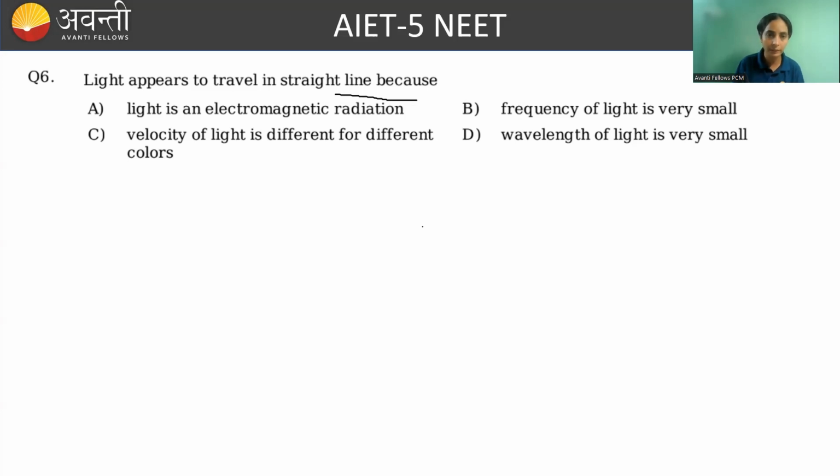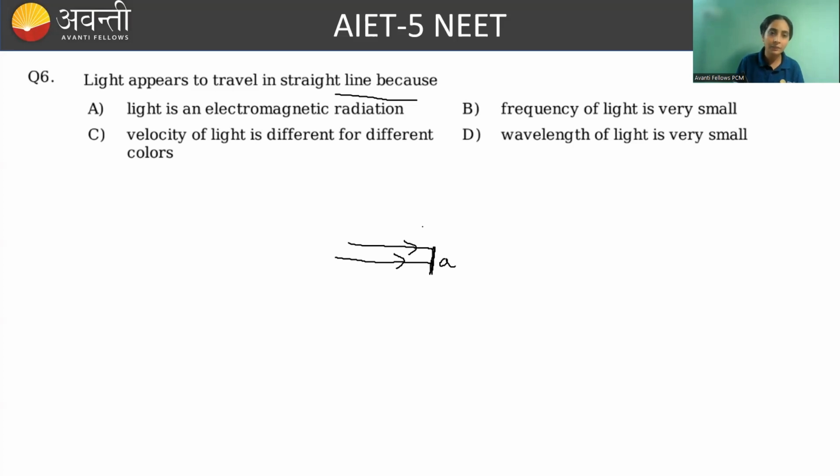Suppose there is an obstacle of size A. What will happen if light is falling on this obstacle? If light is encountering any obstacle, it will bend around the corner. That is the process of diffraction that we will read in wave optics.